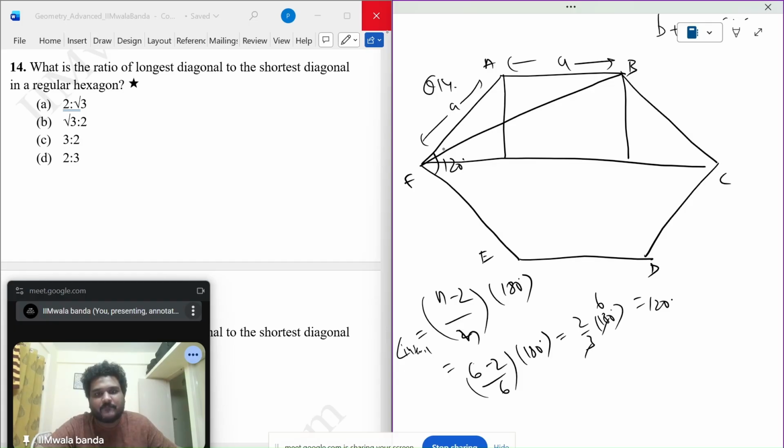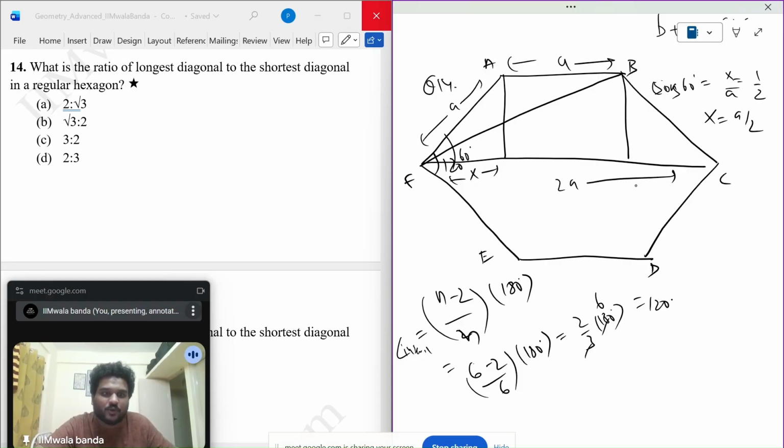This is A. This is 60 degree. So cos 60 is x upon A, or sine 30, or half. So x is A by 2. So this is A by 2, this is A by 2. So basically this total is 2A. So I got the longest diagonal as 2A.